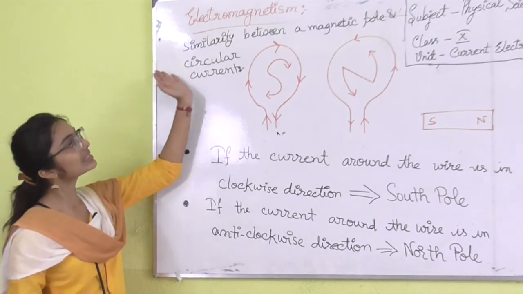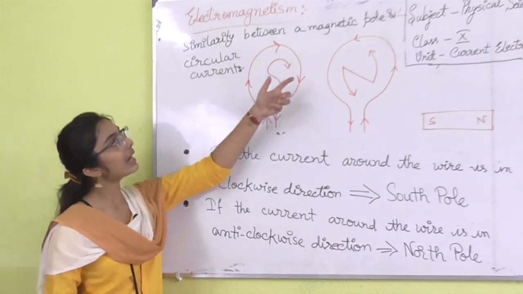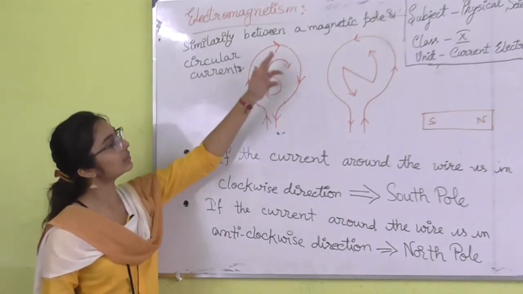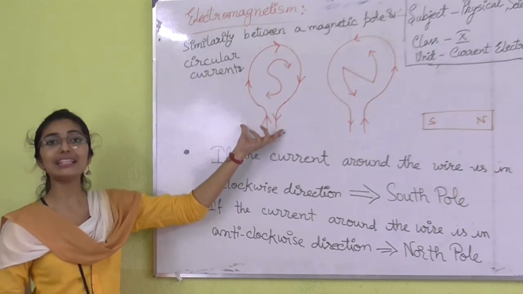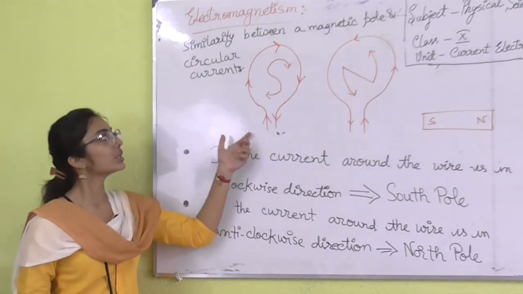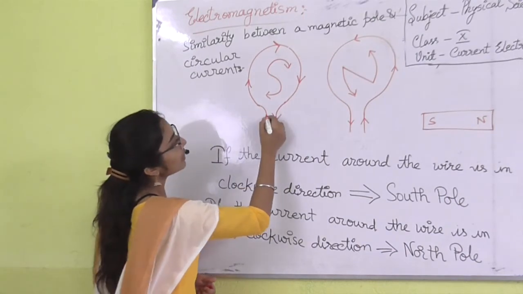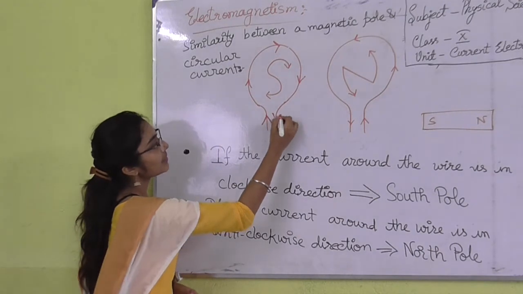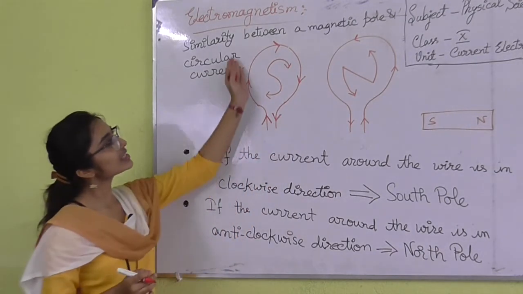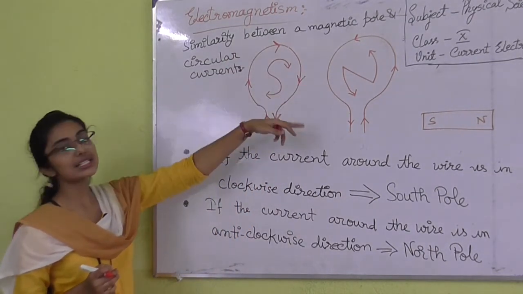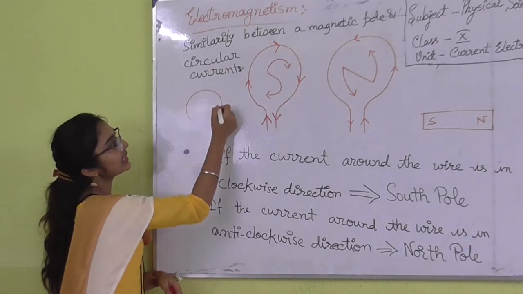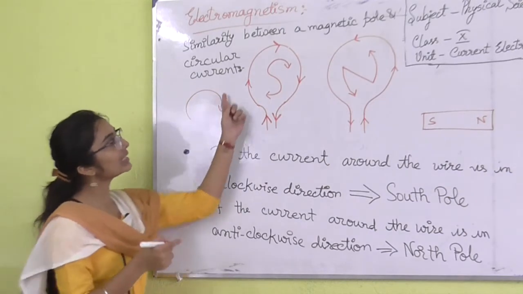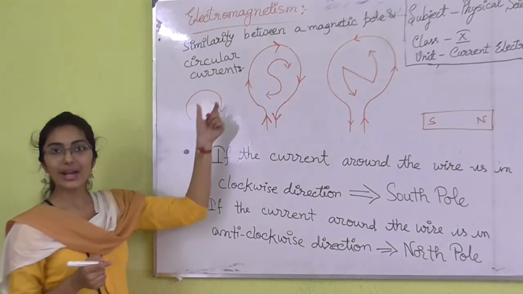We will study the similarity between a magnetic pole and circular current. This is the conducting wire which is bent in the form of a loop. Current is entering from this side and leaving from this side. You can see the current is flowing in the loop in this direction, which is the clockwise direction.